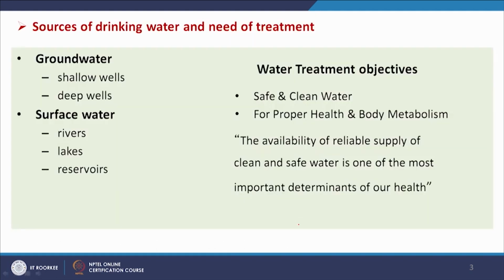If we see the sources of drinking water, either surface water or groundwater is used, and mostly in our country groundwater is used. When the surface water is not that contaminated, it can also be used. Rivers, lakes and reservoirs are used for drinking water production, and from groundwater, shallow wells or deep wells, both sources are available.